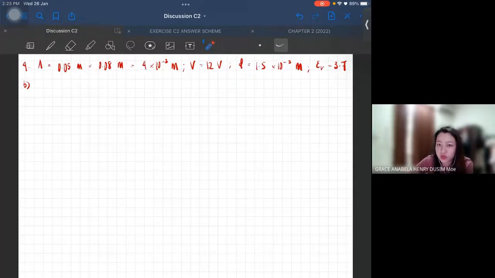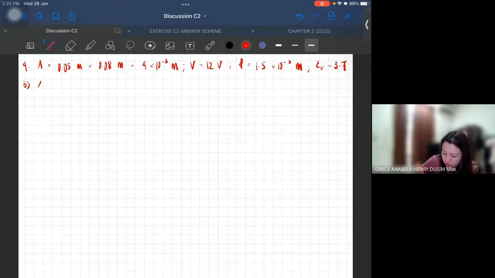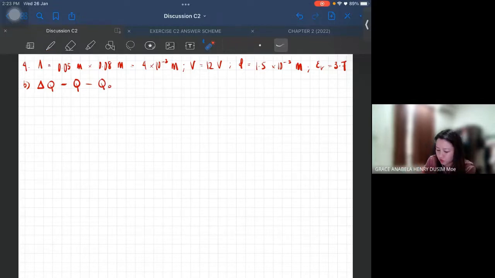In this case, firstly, we have to find delta Q equal to Q minus Q naught. So we have to calculate the value of Q after the insertion of the dielectric. How do I do it? By using Q equal to CV.